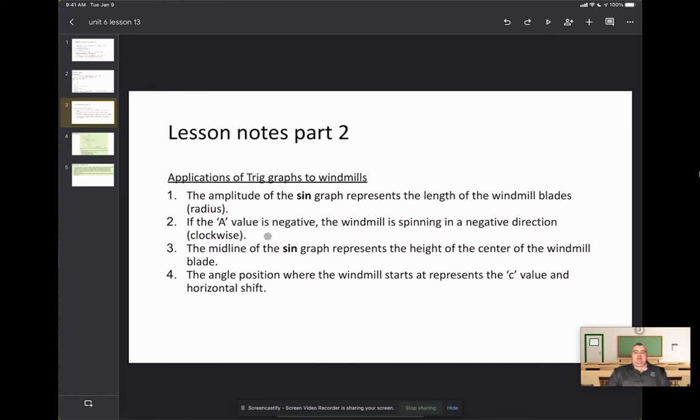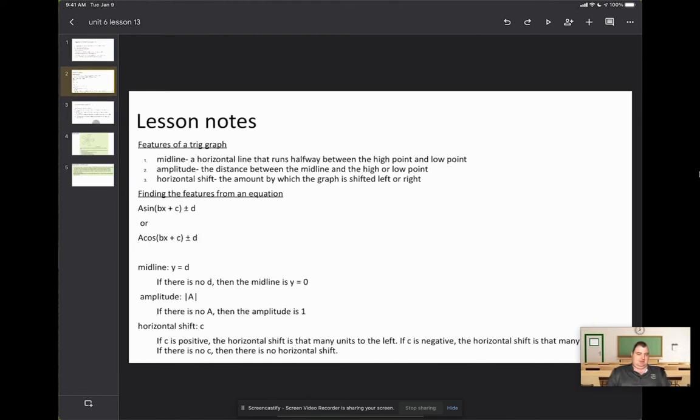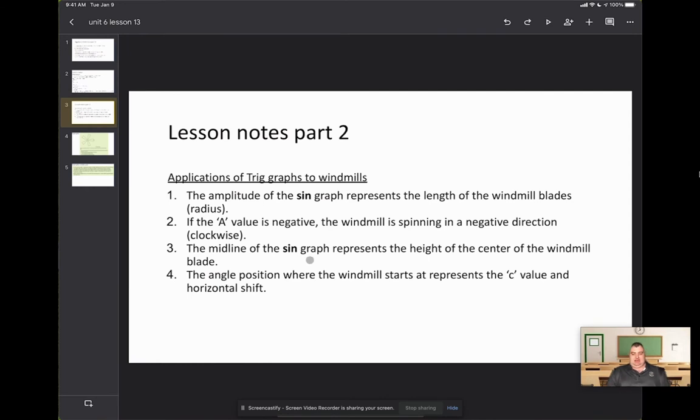If the a value is negative, then that means that the windmill is spinning in the negative direction. So remember, negative direction means clockwise. Positive direction means it's spinning in the counterclockwise direction.